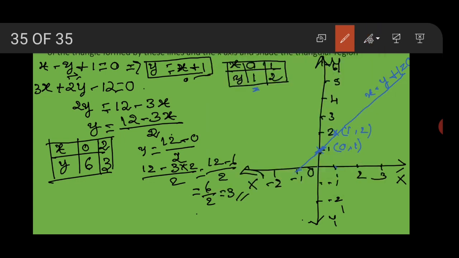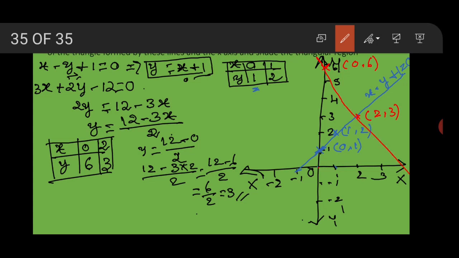Then from the second value table, note the points. If x is equal to 0, y is 6. So this is the point 0, 6. If the value of x is equal to 2, what is the value of y? y is equal to 3.